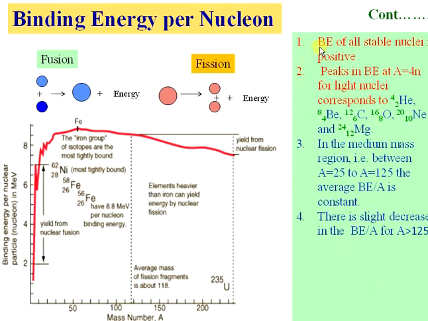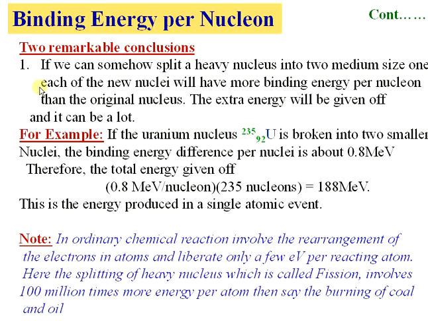The binding energy of all stable nuclei is positive. There is a peak in binding energy at A equal to 4, and for nuclei in the medium mass region, the binding energy per nucleon remains almost constant. You can see that in this region the curve is constant. These are given in some numerical problems also.